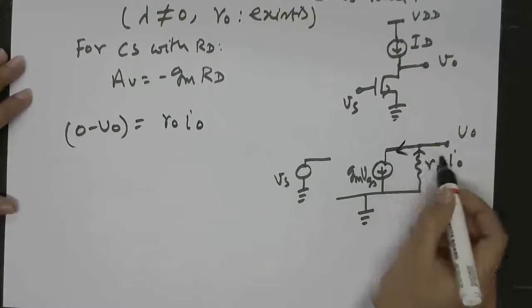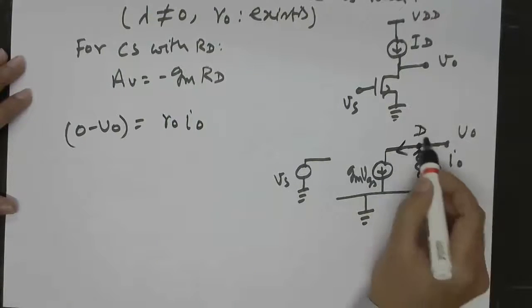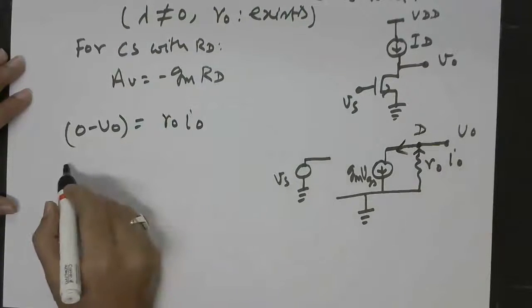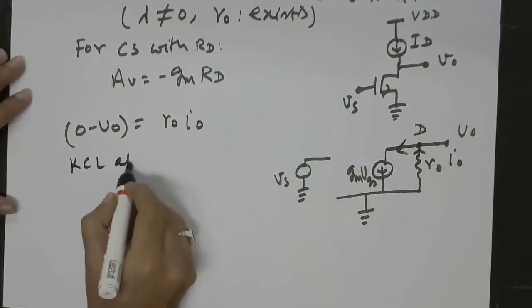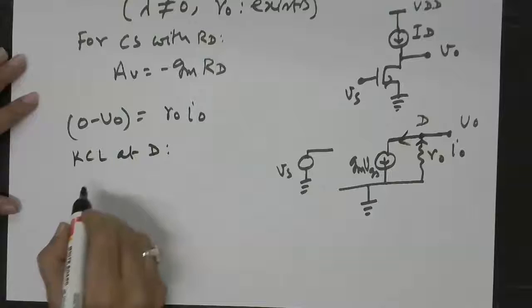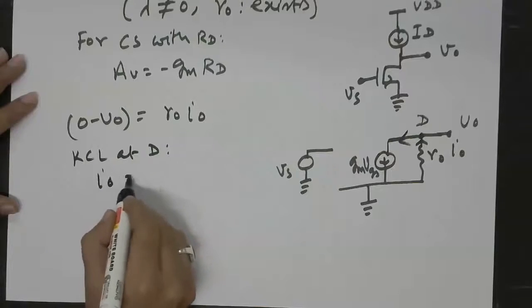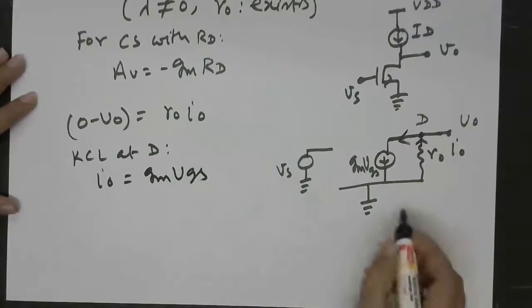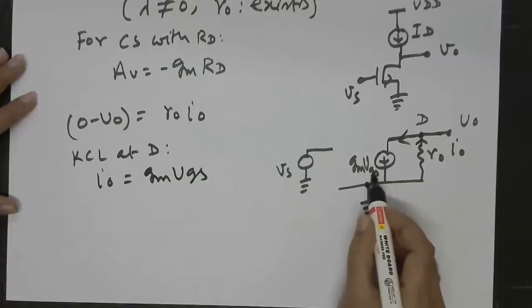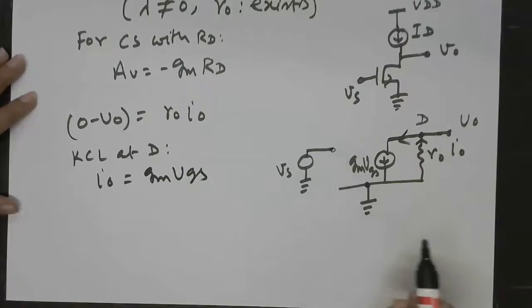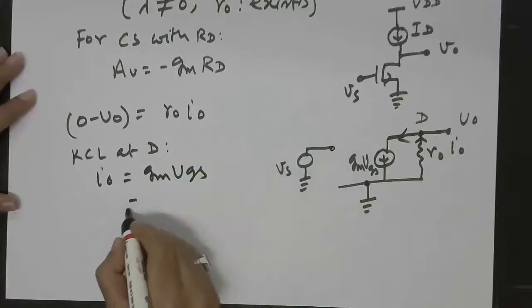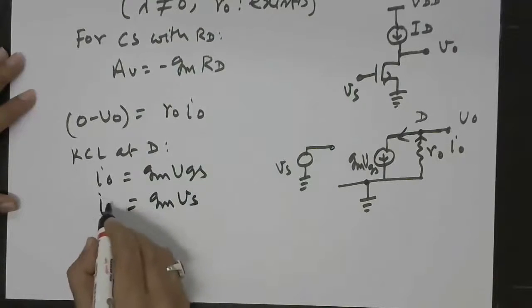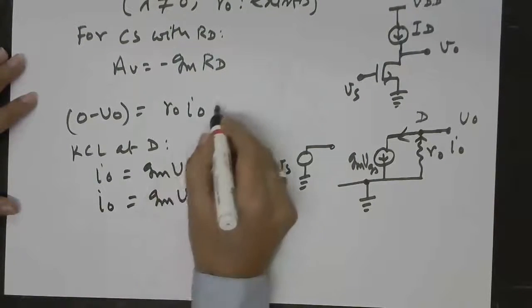But if you apply KCL at the drain, you see that this I0 actually is equal to GM VGS. And here the source is grounded and gate is connected to VS. So this becomes GM VS.